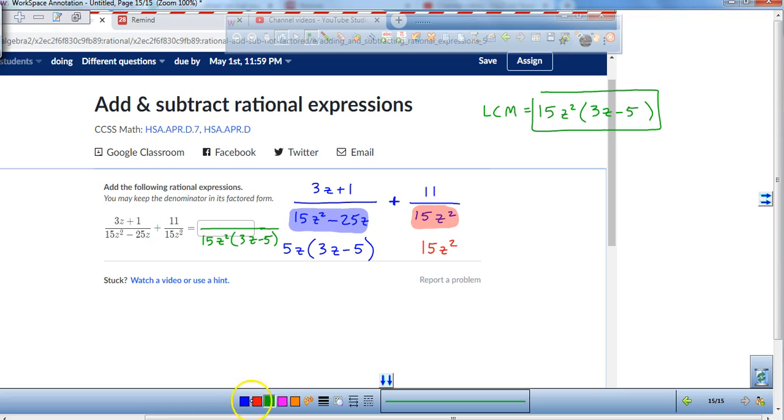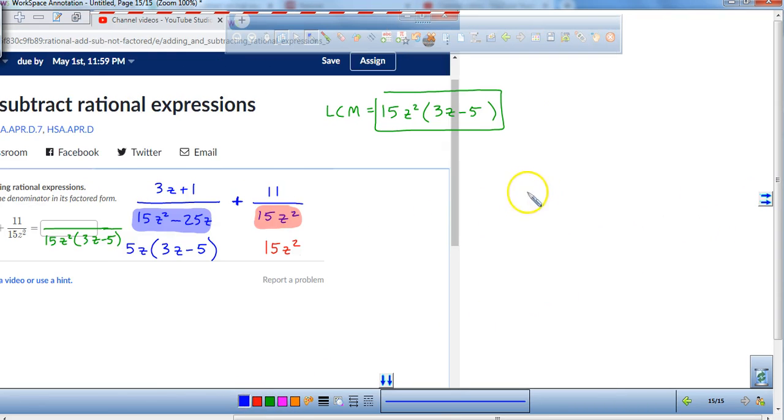All right, so let's go and write everything in its factored form. So we have 3z plus 1 over 5z times 3z minus 5, plus 11 over 15z squared.